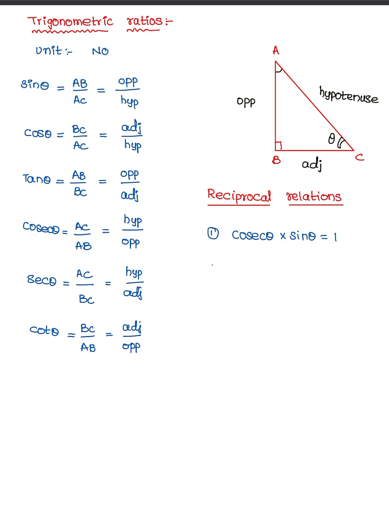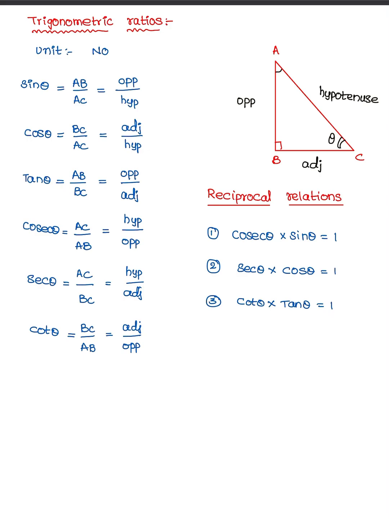The second is secant theta into cos theta is equal to 1. The third is cot theta into tan theta is also equal to 1. These we call reciprocal relations.